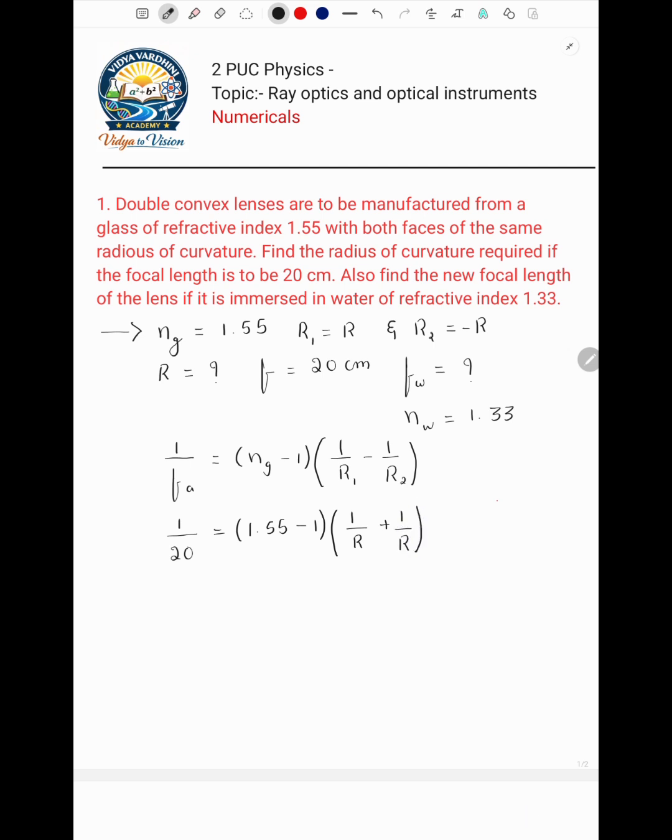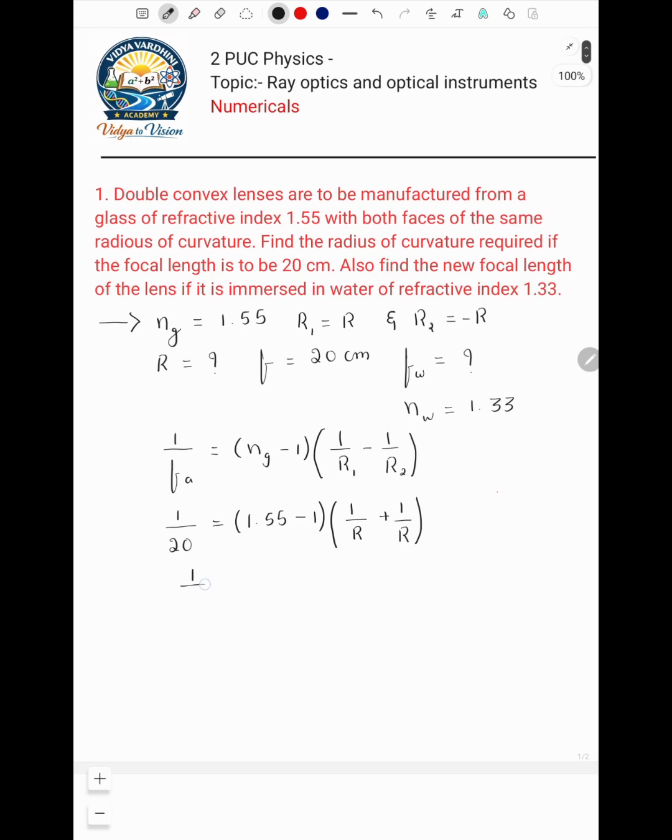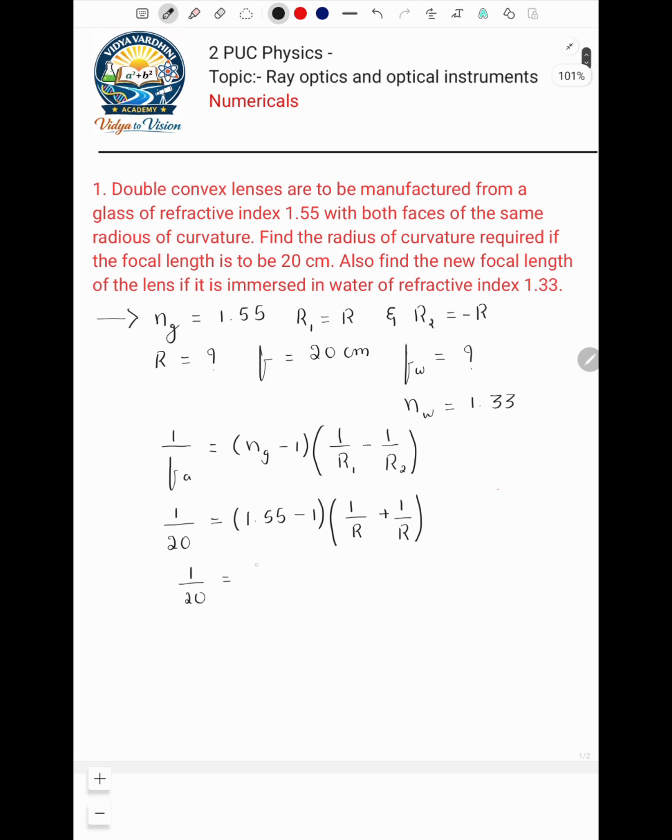By using this, we will calculate the value of r. 1 by 20 is equal to 1.55 minus 1, that is 0.55, into 2 by r.